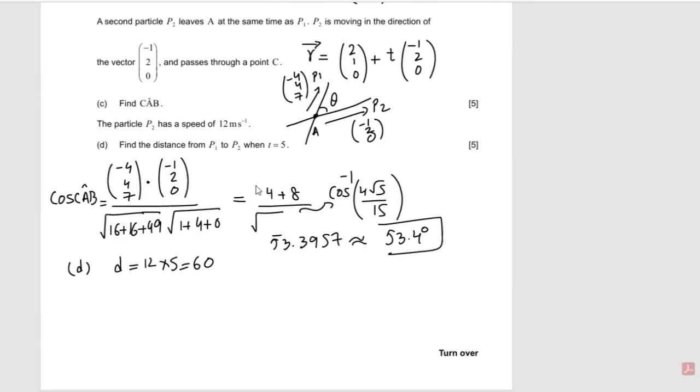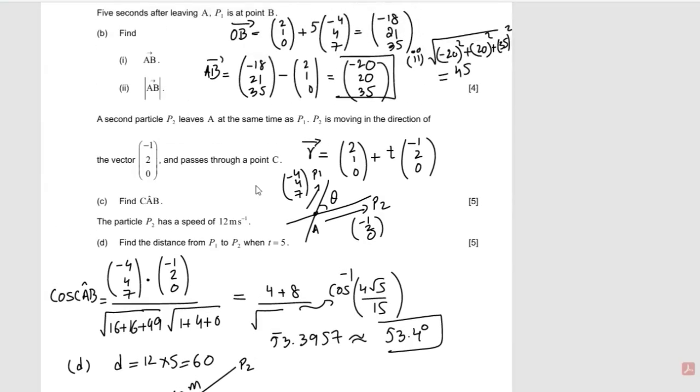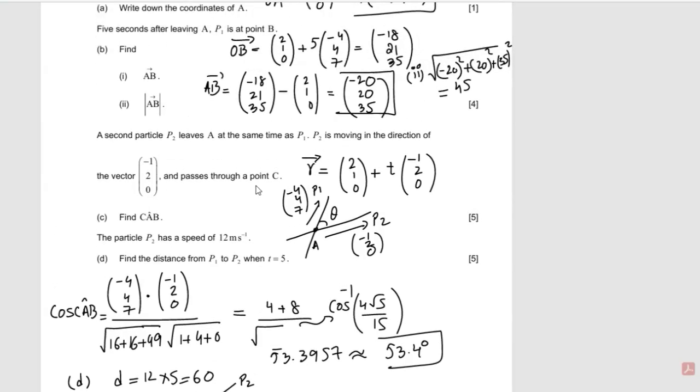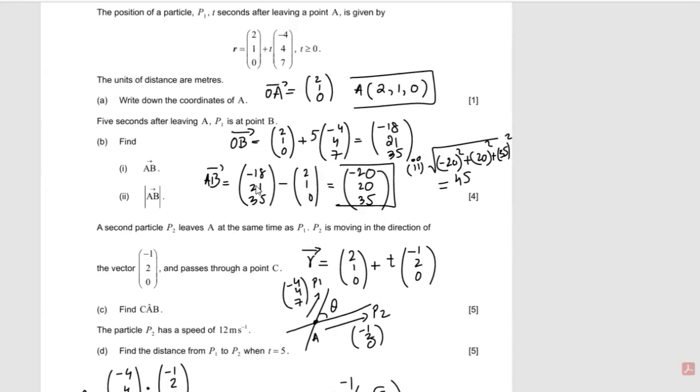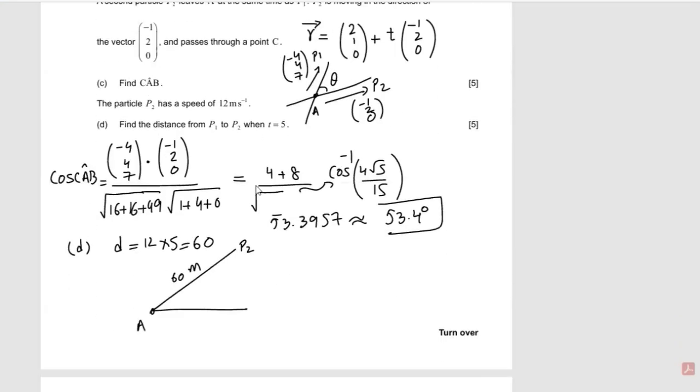So from A, particle P2 is 60 meters away, and at the same time t equals 5, we just figured out that particle P1 was 45 meters from A. So we've got the angle in the middle, which is 53.3957, and we need the distance between them.